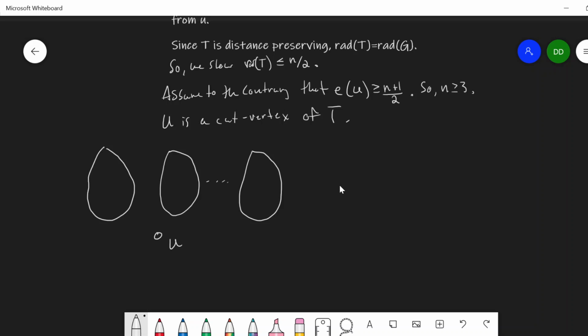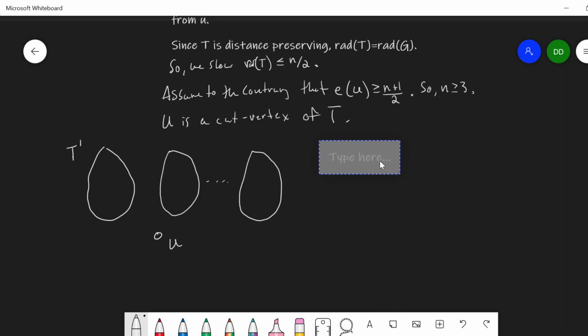I'd like to say that we're assuming the eccentricity of U is at least (n plus 1) over 2, and so one of these components has to have at least (n plus 1) over 2 vertices in it. That's going to be T prime.